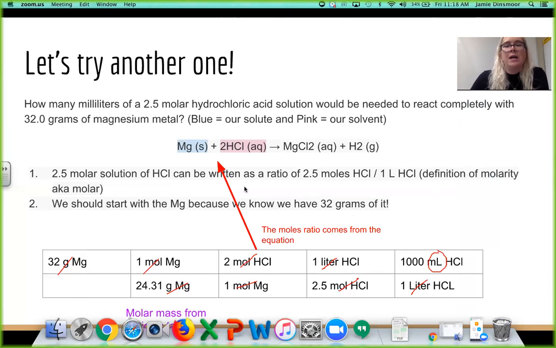And type in the chat what you end up getting when you go through all of this dimensional analysis. And remember, whatever's on the bottom, you're going to divide. Whatever's on the top, you're going to multiply.